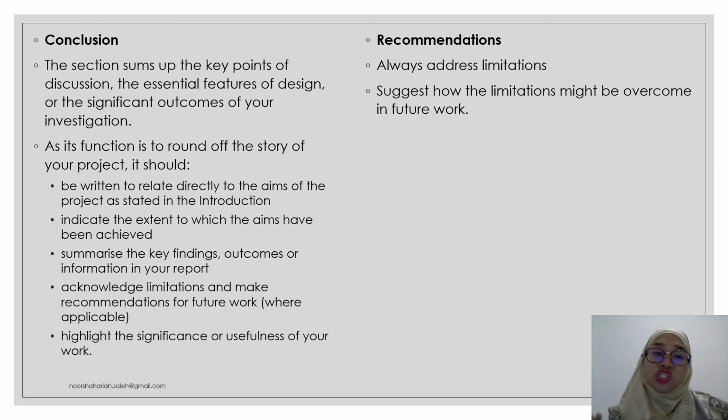Have the researchers or the authors achieved what they want to get? Summarize the key findings. They also briefly explain about the findings and the discussion. Acknowledge limitations. What will be the drawbacks of using certain methods, for example, and what would be the problems they confronted? That would be under limitation.